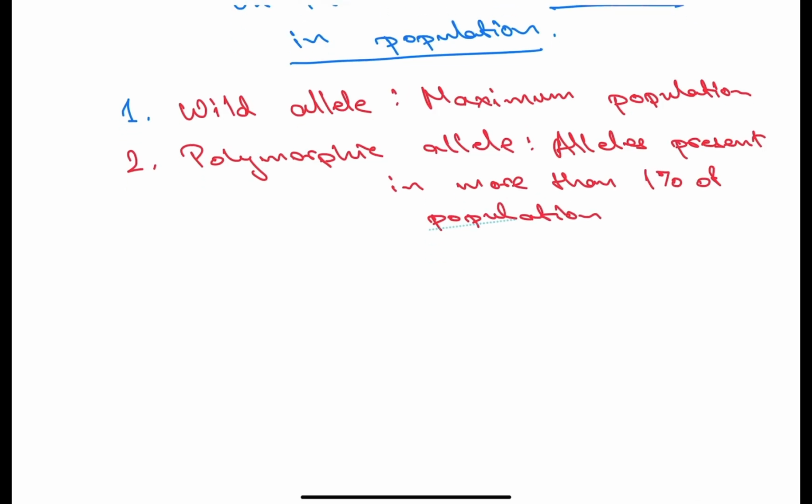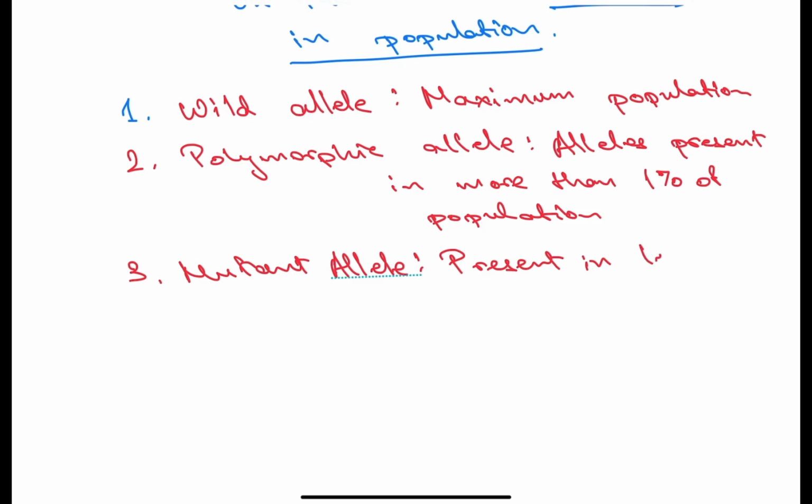And third is the mutant allele, present in less than 1% of the population.